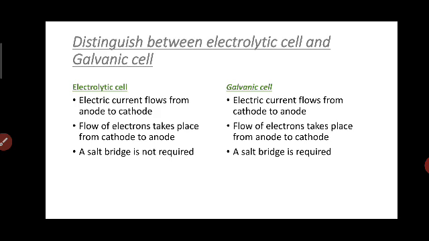That's why the current flows from anode to cathode, and the electrons flow from the cathode to the anode.